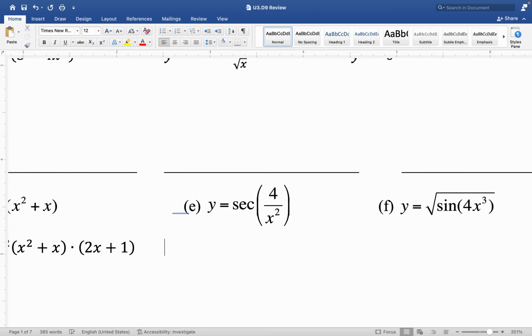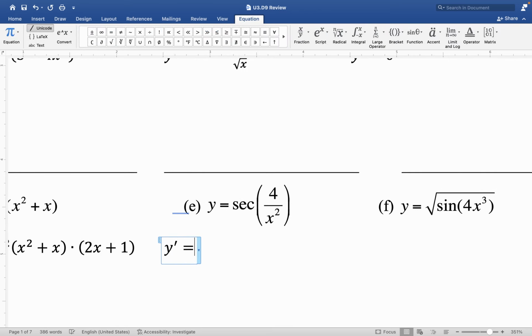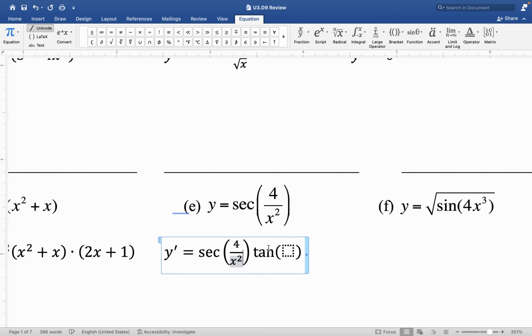Now we come to E. Looks like this is another chain rule problem, so I think the outside function is secant blank. The derivative of secant blank is secant blank tangent blank. What goes on the inside of the blanks? Well, just the inside function. In fact, you put the inside function into both of the blanks, 4 over x squared into both of them, but then we also need to multiply by the derivative of the inside function. The inside function is like 4x to the negative 2.